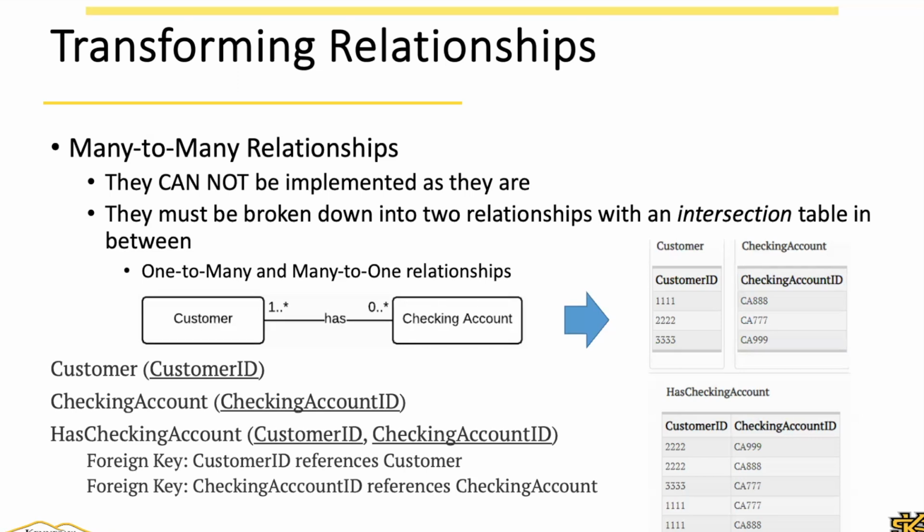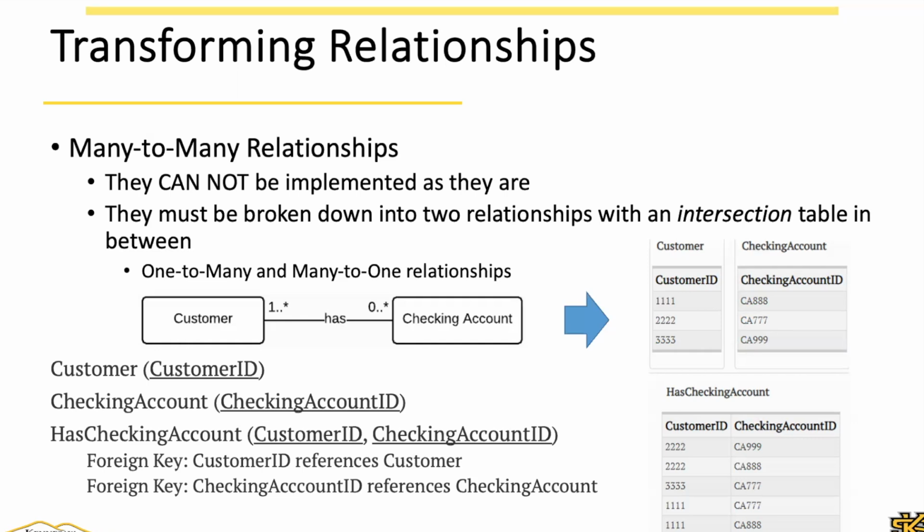This table will contain two foreign keys, customer ID and checking account ID, which together form a composite primary key. This setup ensures that we adhere to normalization rules and avoid violating any integrity constraints.